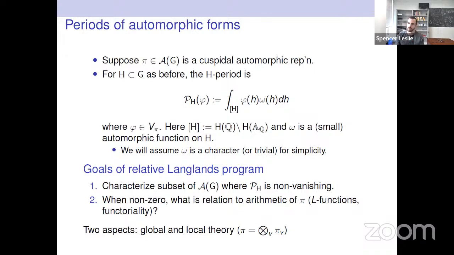Namely the global aspects, which are often more arithmetic, and the local theory, where I've written here the tensor product decomposition of my representation. So local theory will be interested in local invariants of these representations pi v, and that tends to have a more harmonic analytic and representation theoretic flavor.